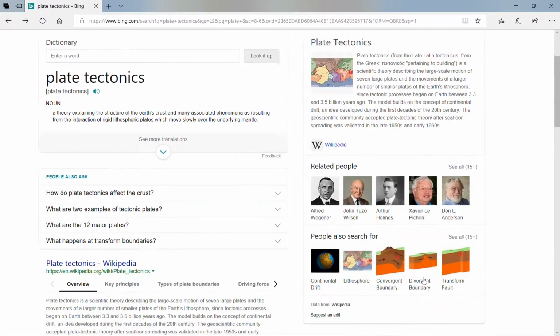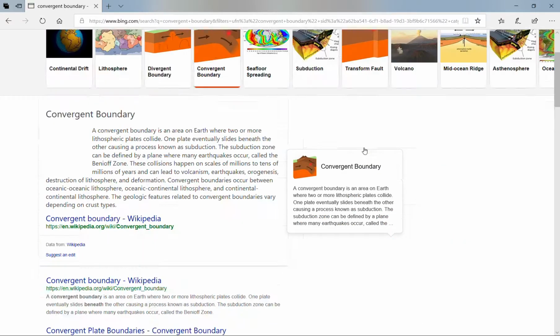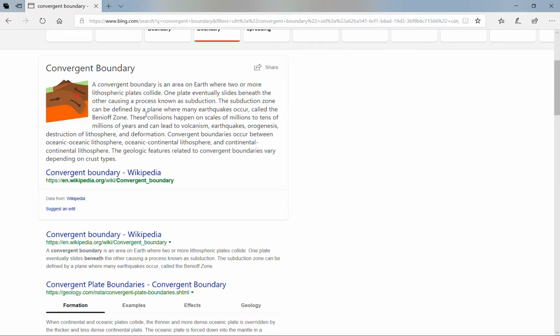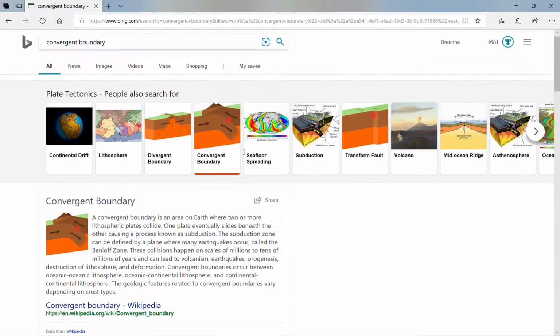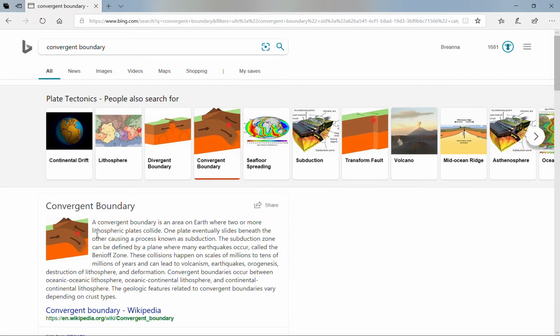It happens at a convergent boundary, which is a type of boundary for plate tectonics, where the plates collide and one goes underneath the other and one goes above the other. That's for one boundary.